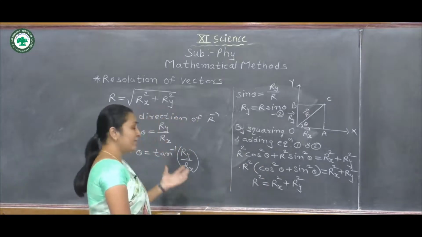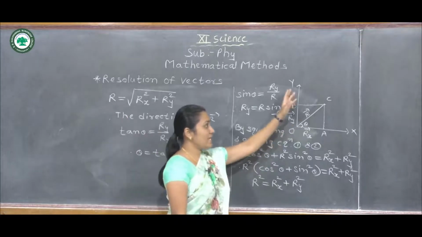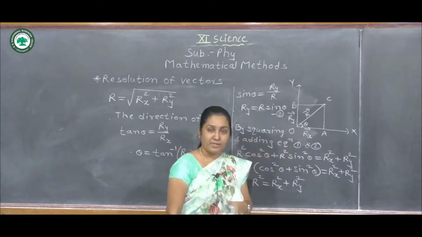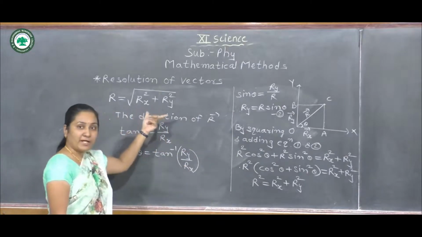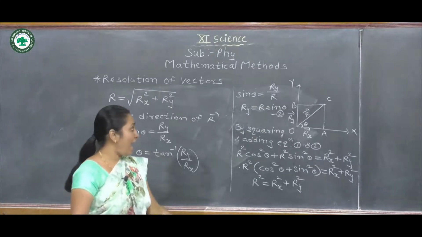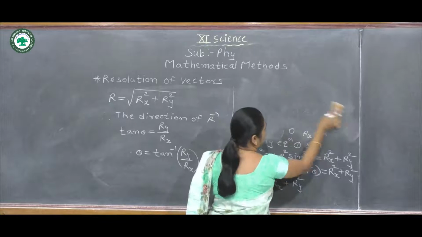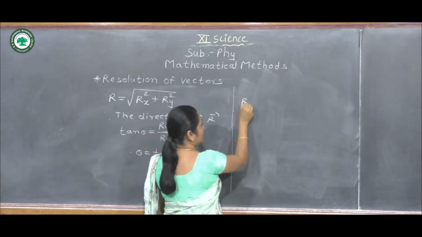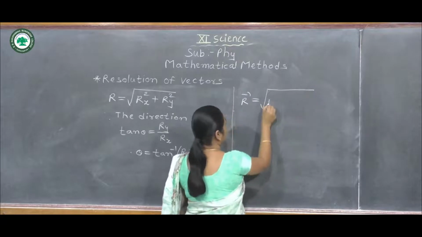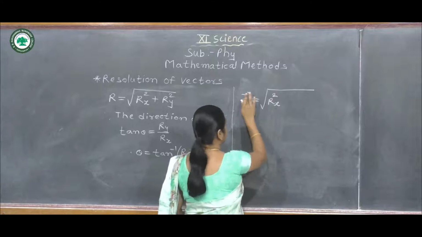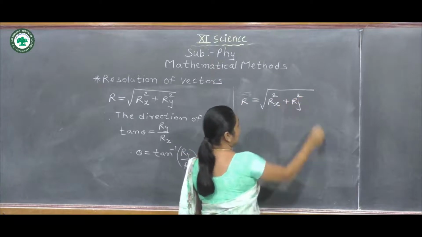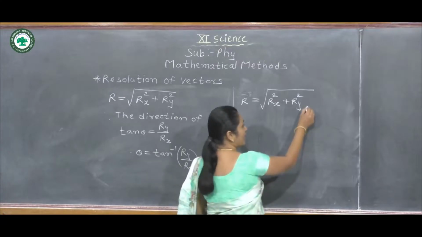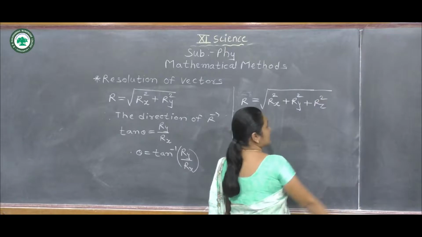Now if we consider, instead of two dimensions x and y, three dimensions x, y and z, then the magnitude of the resultant vector r bar can be written as follows. The magnitude r is equal to under root rx square plus ry square plus rz square.